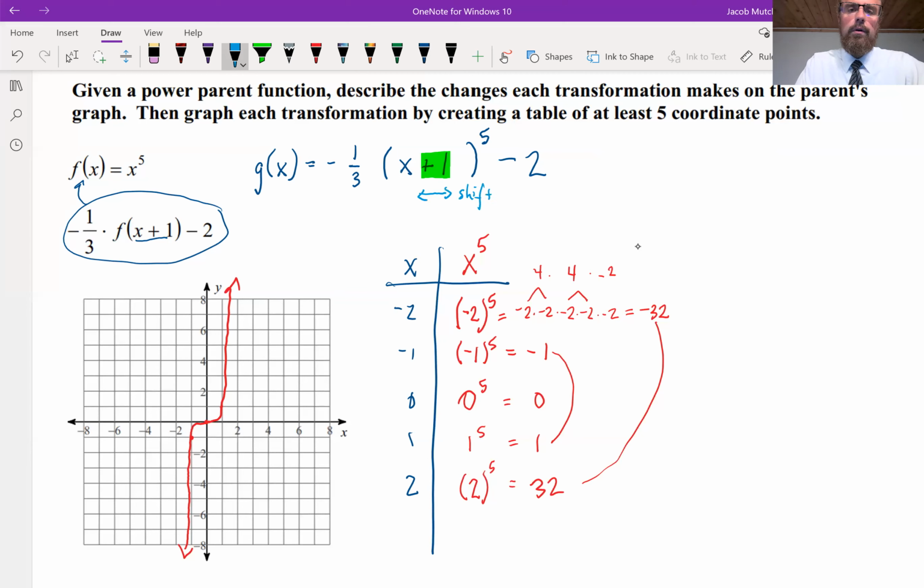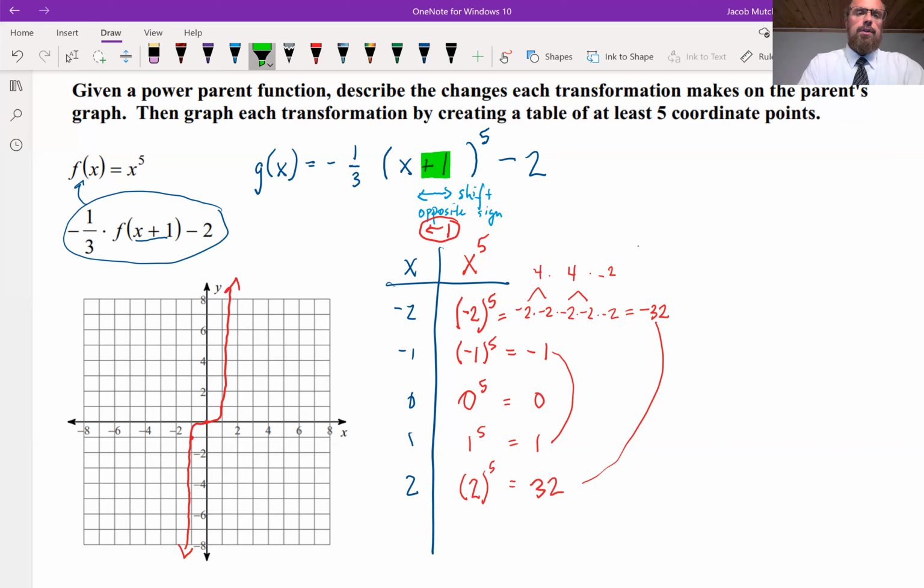But we go opposite the sign. So if that's saying +1, typically we would assign positive to a right-hand shift. But if we're going opposite the sign, what we would say is, that's going to shift the graph left 1. So I'm going to put our actual descriptions here in red. Left, and I'll put it as an arrow 1.